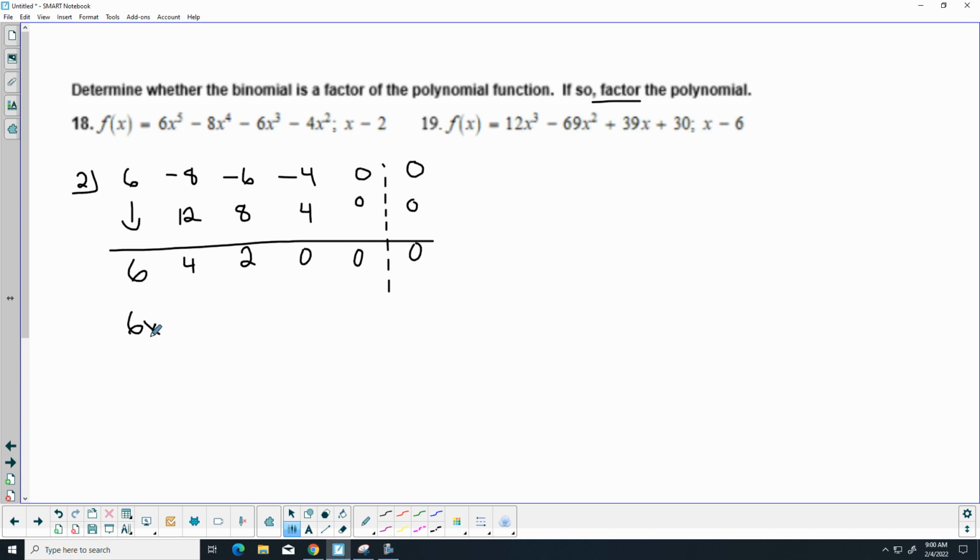So 6x to the 4th plus 4x cubed plus 2x squared, and I'm not going to write 0x plus 0. But then it asks us to factor further, so I'm going to go ahead and pull out my greatest common factor now. And I'm going to be left with, oops, my GCF is actually 2x squared. I'll be left with 3x squared plus 2x plus 1.